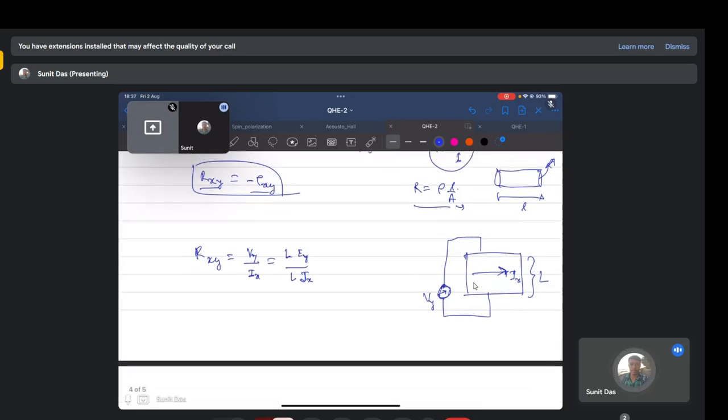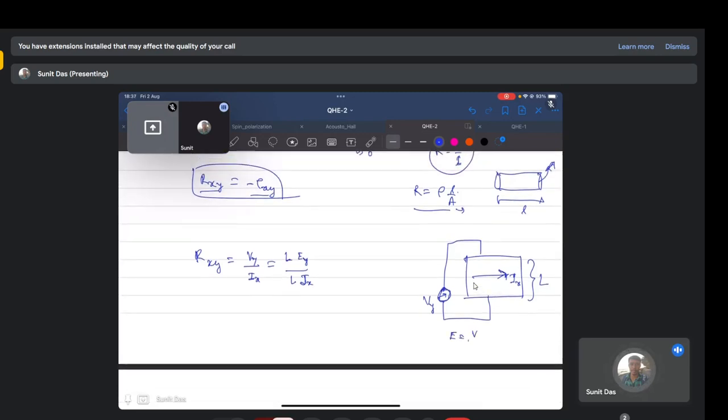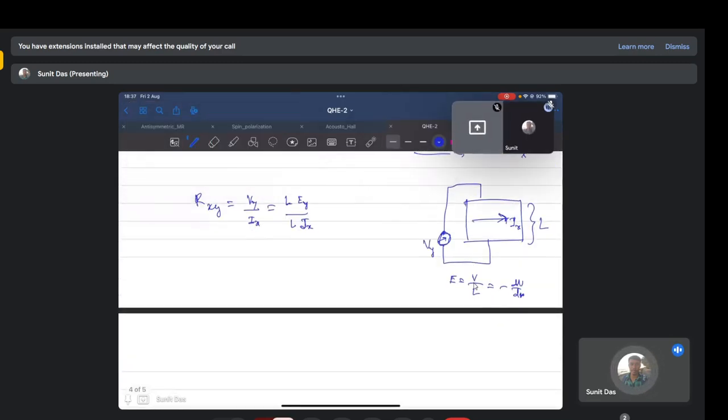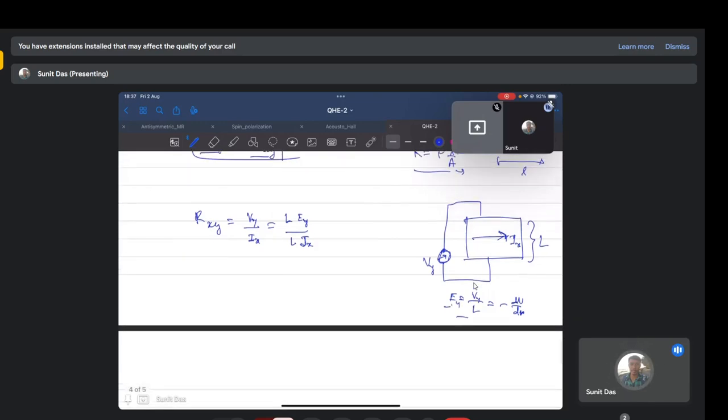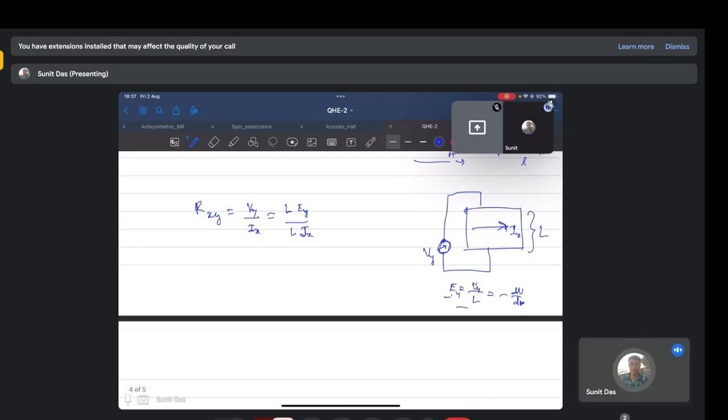So we know that the electric field is just the voltage drop divided by the sample length, right? In more accurate terms, it is dV by dr, basic electrodynamics course. So this is related by the y direction of length L: Vy equals Ey times L, and then the current density. In two-dimensional cases, current density means current per unit length, right?